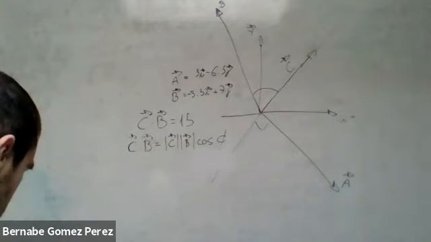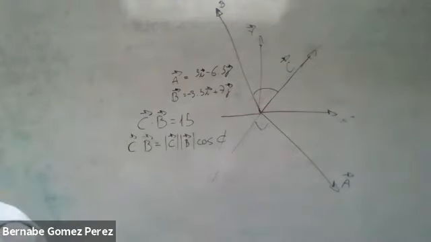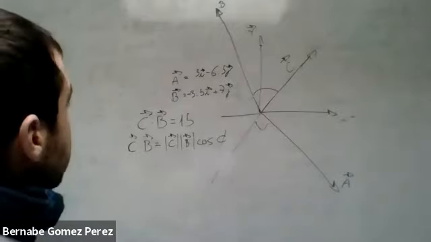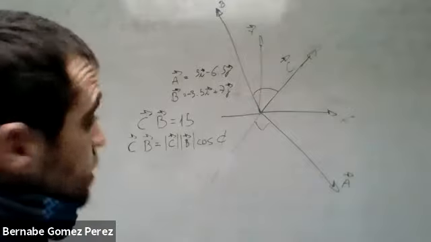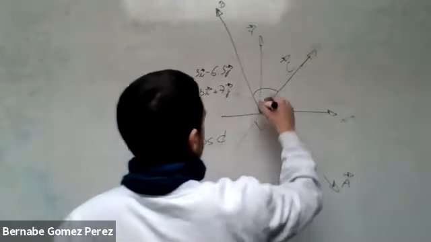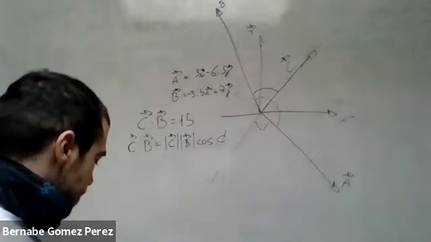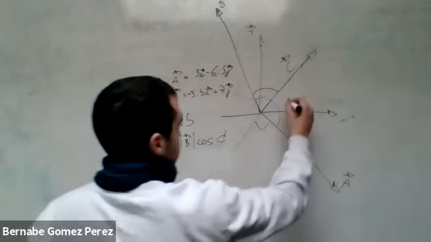Okay, what else do we know? Okay, so we also want to figure out what is the angle that B and A describe, okay? So how do you figure out the angle that two vectors describe? Well, you have properties like, for example, let's call it alpha.